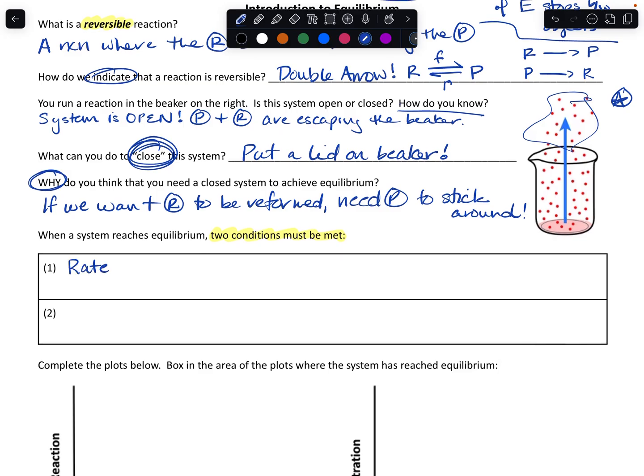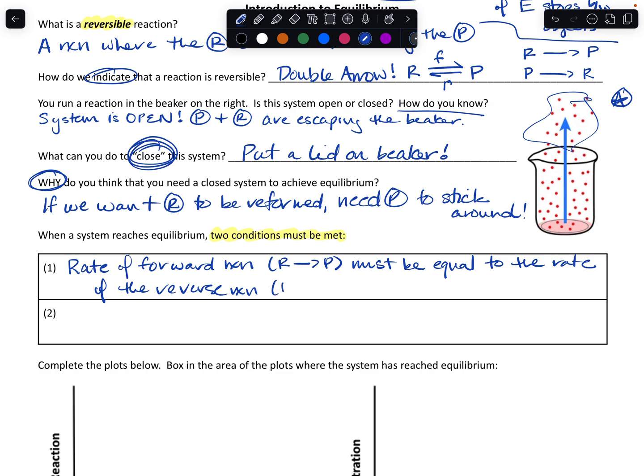The rate of that forward reaction, which would be reactants to products, must be equal to the rate of the reverse reaction, which is products reforming those reactants. When that happens, then we say that the system has reached a state of equilibrium. So the important word here is equal. The rate forward must equal the rate in reverse.